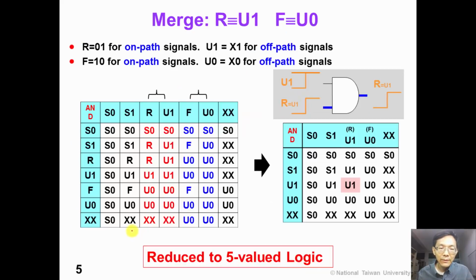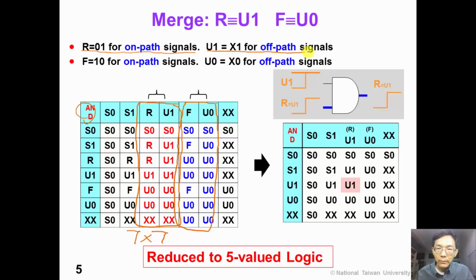Now, using the 7-value logic, we have a 7 by 7 truth table for a 2-input AND gate. If we look at this table closely, we can see that actually these 2 columns can be merged together, and F and U0 columns can also be merged together. R represents a 0-1 transition for an on-path signal.